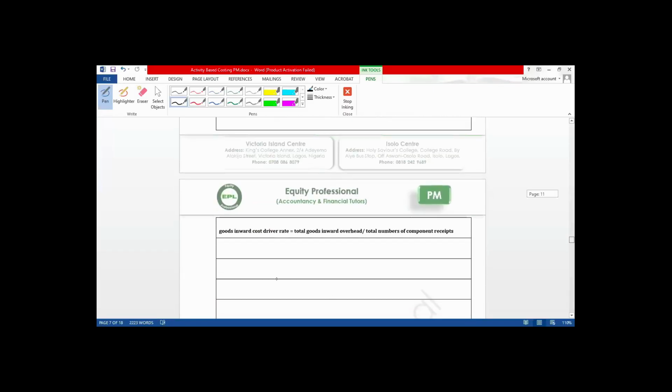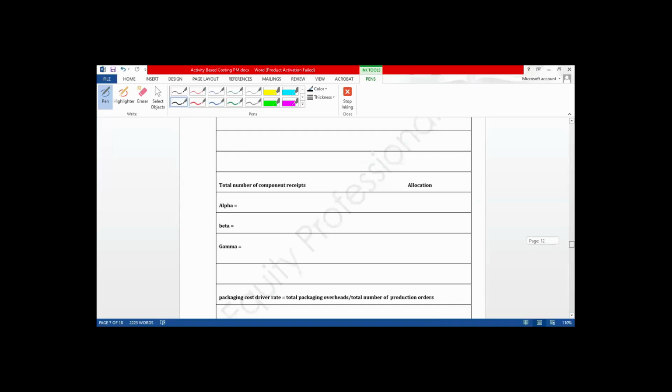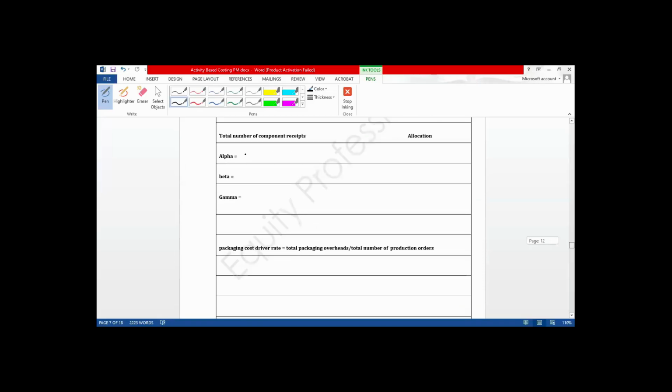Look at it, please. Goods inward cost driver rate is calculated as total goods inward overhead divided by total number of component receipts. Now come here, component receipts. I have 15 component receipts, 25 component receipts, 120 component receipts, totaling 160. I can now come here.